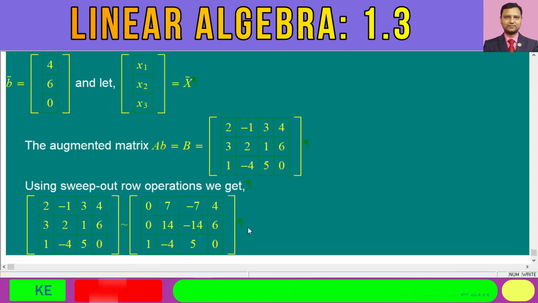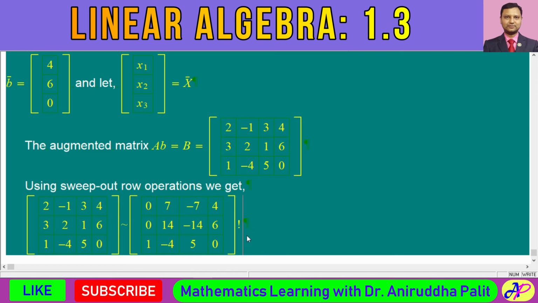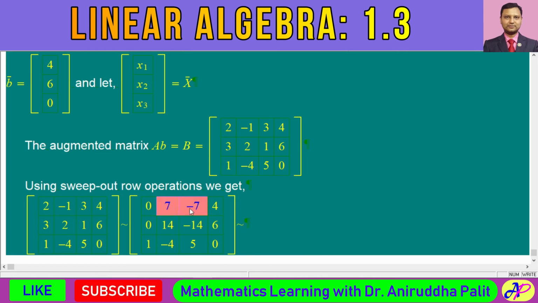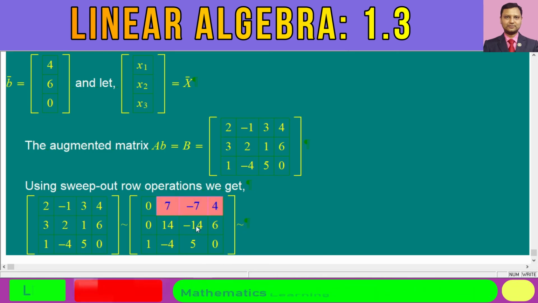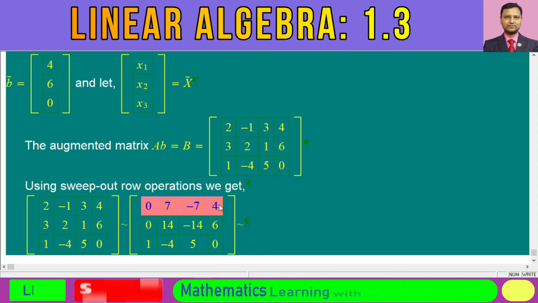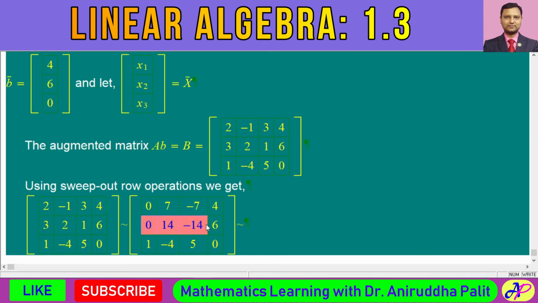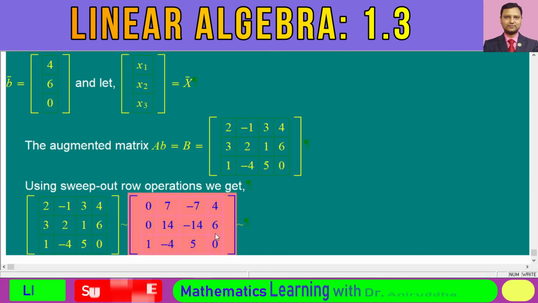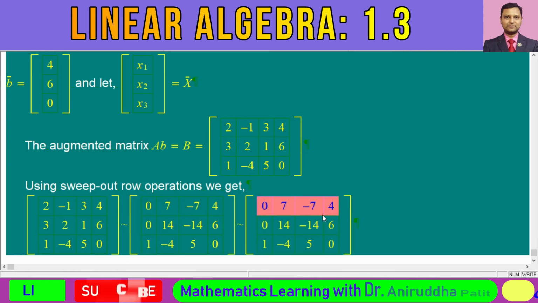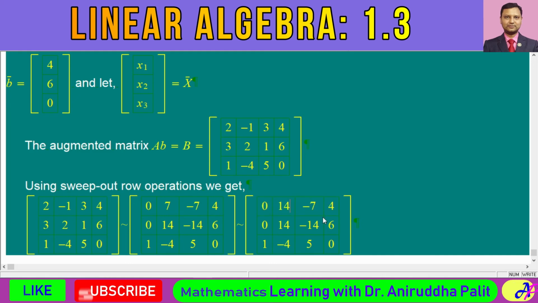So now what we are doing is making the manipulation that this row is to be multiplied by 2, and then it is to be subtracted from this second row. Okay, let's copy and paste this over here. Now I am multiplying this first row by 2, so that we will have 14 and minus 14 over here, and it would be 8, and then subtract from the second row.